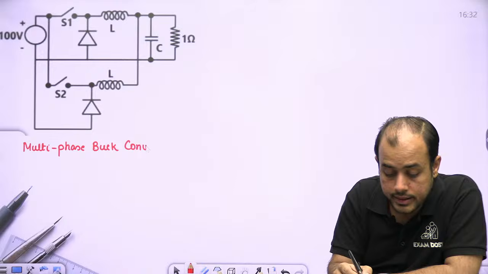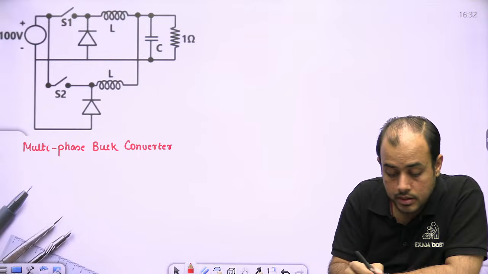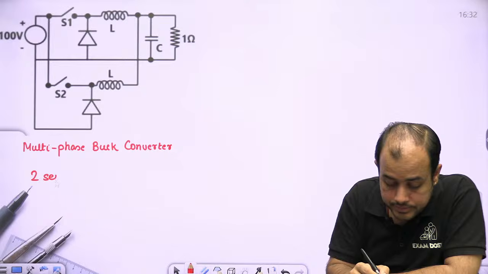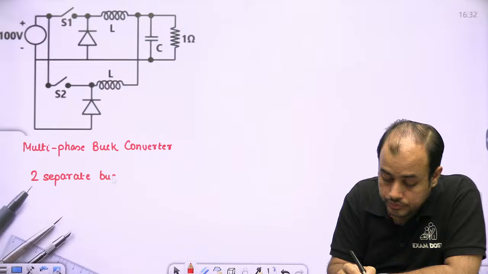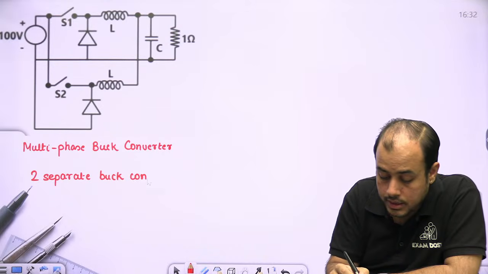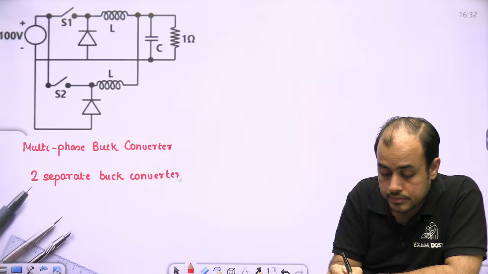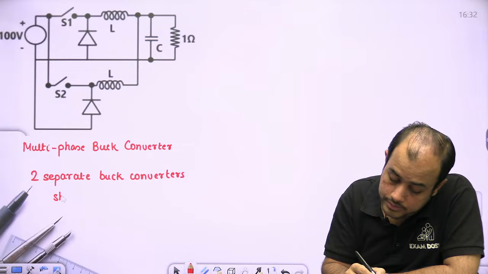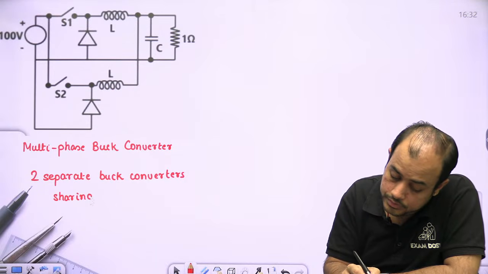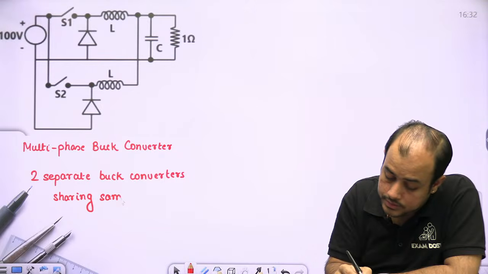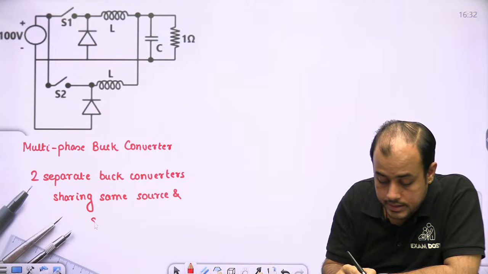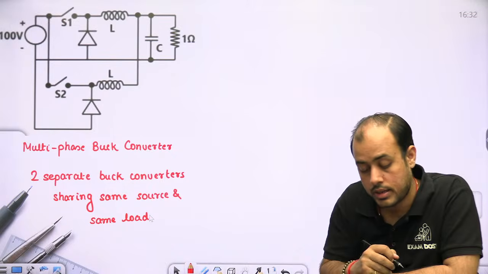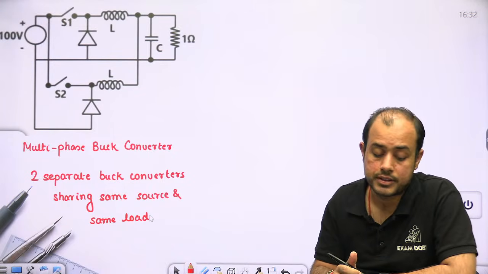Essentially what it is, two separate buck converters sharing same source and same load. Okay, जिनका सेम सोर्स और सेम लोड है.